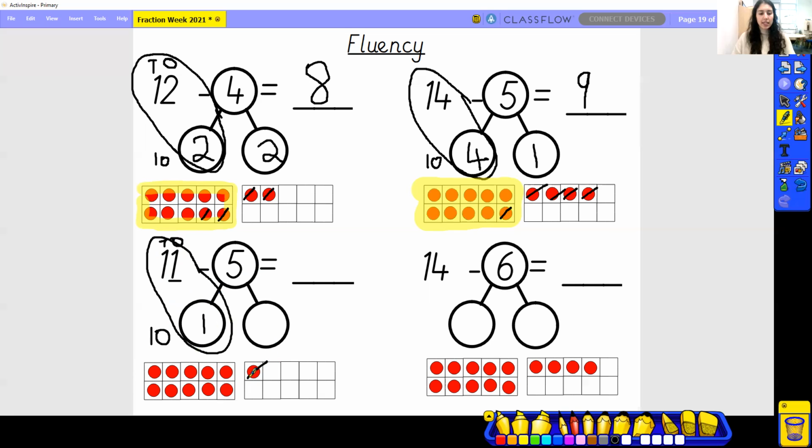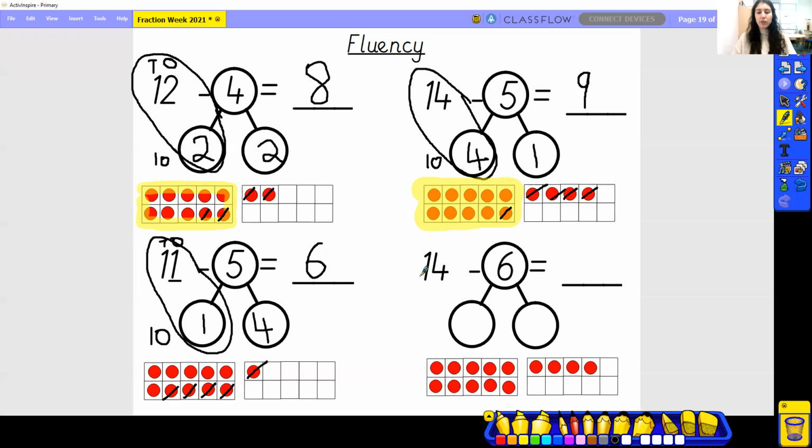So what else do I need to take away to make sure that I've altogether subtracted 5? So 1, 2, 3, 4, 5. That means I had to subtract 4 more. So 11 take away 1 left me with 10, and then 10 take away 4 more. Again, hopefully you're really confident with your number bonds to 10 and you can tell me that that is 6.